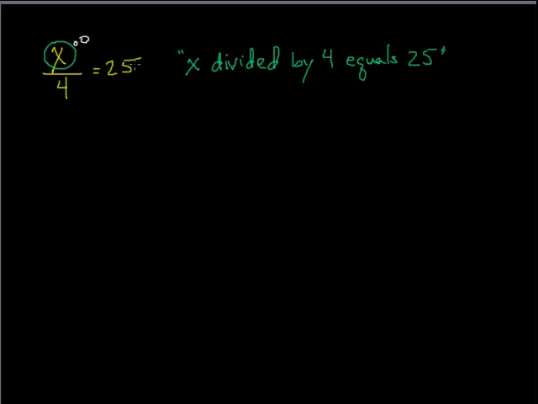So 25, does 4 go into 25? No. 50 divided by 4, is that 25? No. Is 75 divided by 4 equal to 25? No. Is 100 divided by 4 equal to 25?